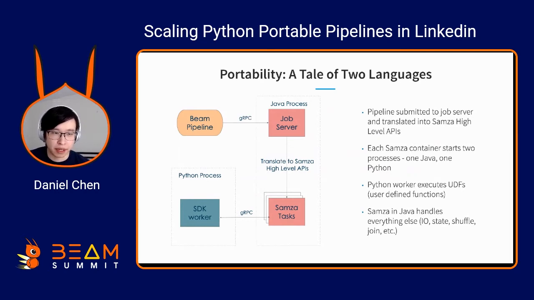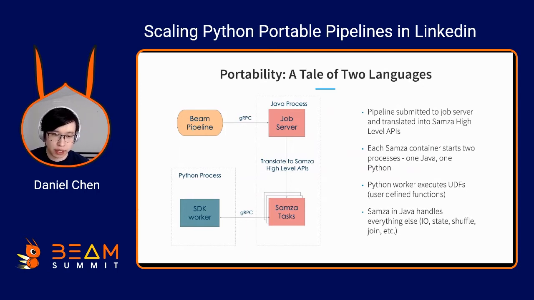The Beam pipeline is submitted through, just to give an overview, I'm sure this is not news for most of you, the Beam pipeline is submitted through gRPC to the job server, which is then translated to the Samza task. I covered this a couple of slides ago. And each of these Samza tasks executes most of the work.